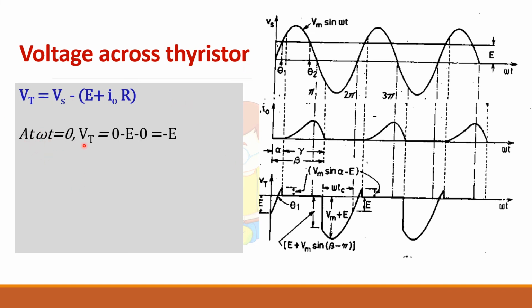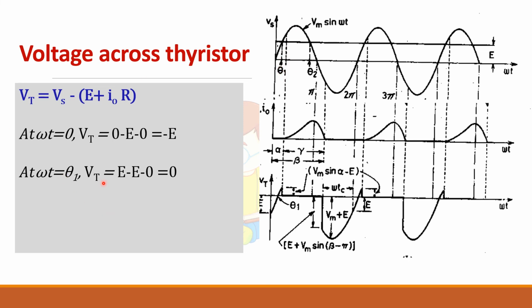So let us apply the boundary condition at omega t equal to 0. Supply voltage is 0, so 0 minus E, and I0 value is also 0. So substituting that, you will get minus E. So Vt is equal to minus E at this point. Then you can find the value at theta 1.